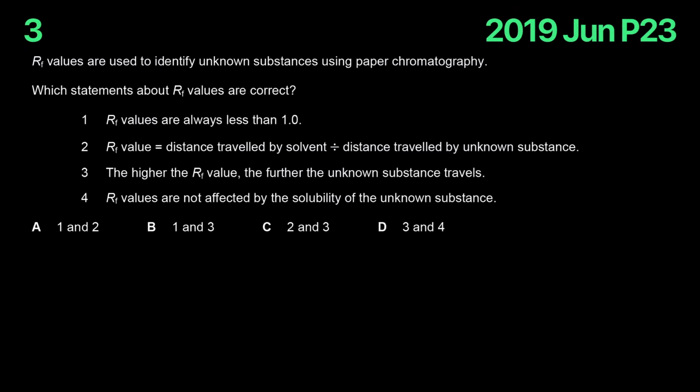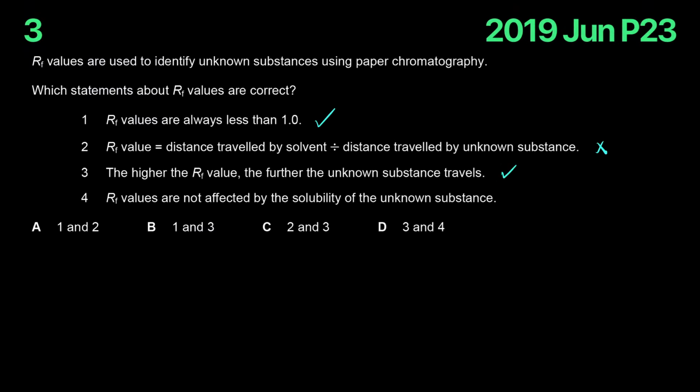Rf values are used to identify unknown substances using paper chromatography. Which statements about Rf values are correct? Rf values are always less than 1. Yup. Rf value is the distance traveled by the substance over the distance traveled by the solvent. The higher the Rf value, the further the unknown substance travels. Isn't that true?